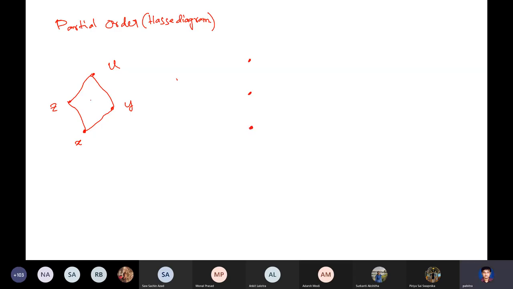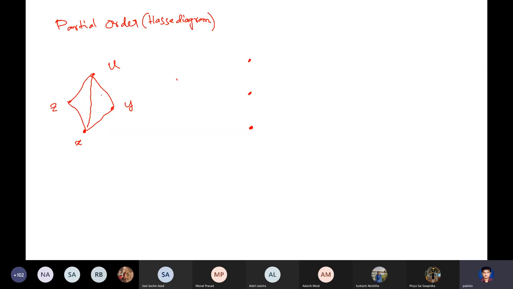Note that I have not drawn the transitive relations. If this is there and this is there, of course this is there. So if I complete it in terms of transitivity, is it a total order? Anybody answer this?